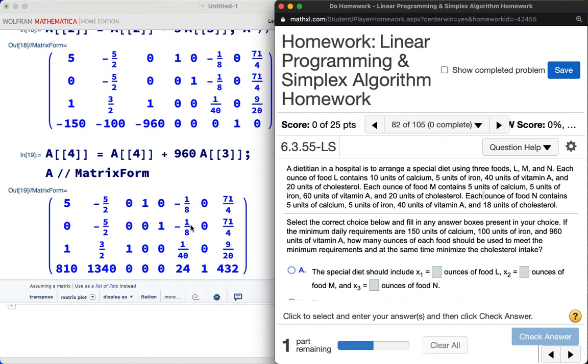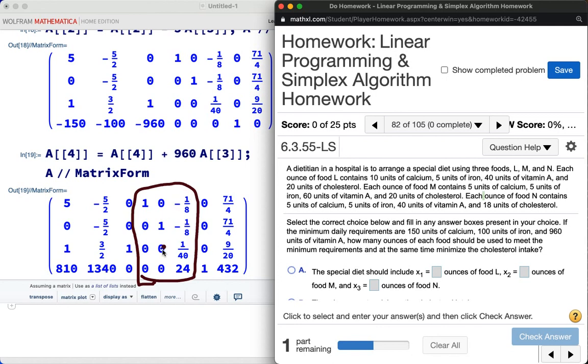The answer is going to be found in the bottom row. So x1, x2, and x3 are actually represented by these columns right over here. This is going to be x1, x2, x3.